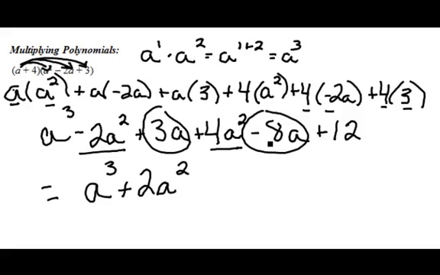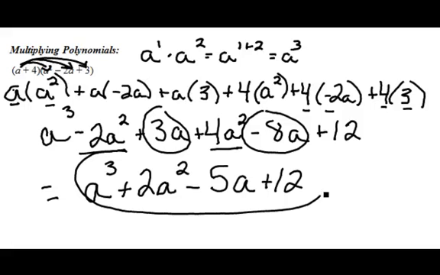Positive 3a plus negative 8a is negative 5a. And finally I have my plus 12. So the product of these two polynomials is a cubed plus 2a squared minus 5a plus 12.